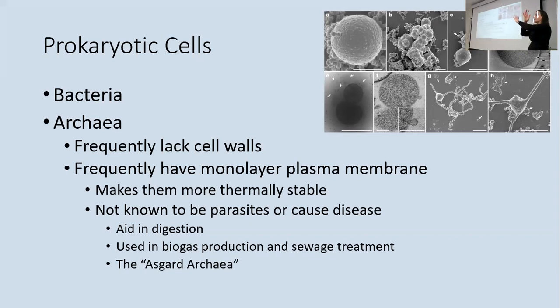When you add in the Asgard archaea, eukarya becomes nested inside the archaea, which technically, potentially, could mean that we are all just highly evolved archaea, which is a weird thing to think about, but it's possible. It's kind of a new idea coming through in science currently.